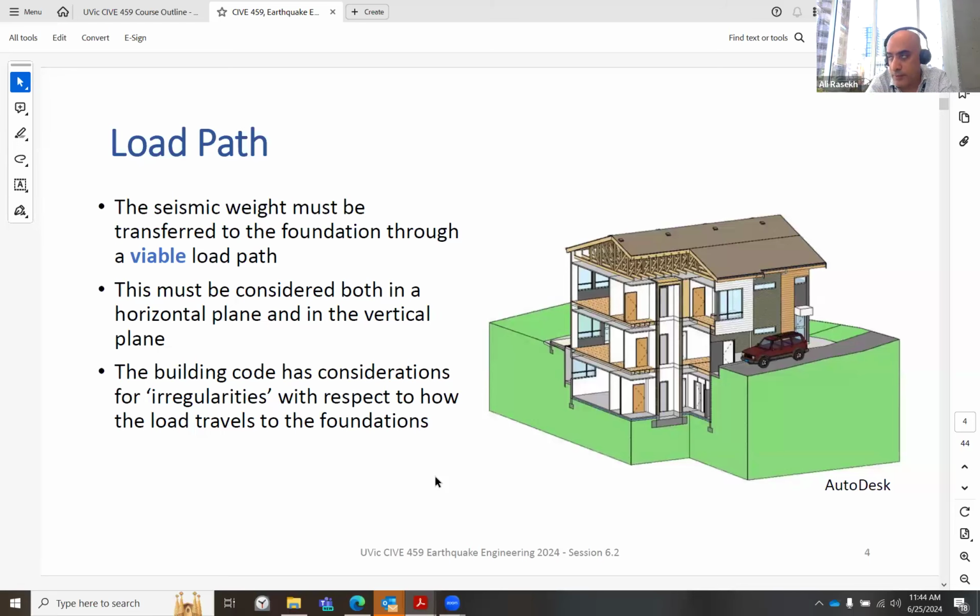That's why most of the buildings, even high rises around us, are cubical because they meet that requirement and make the life of structural engineers easier. When there is more and more irregularities, the code doesn't say don't do this, but it says you need more sophisticated calculations or think ahead about your load path.